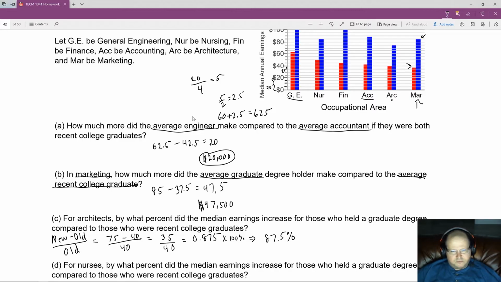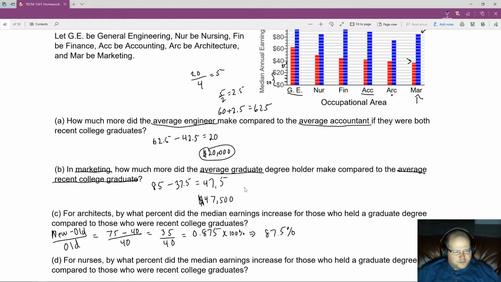So that's considerable. For nurses, by what percent did the median earnings increase for those who held a graduate degree compared to those who were recent college graduates? Okay, so again, for nurses. So now we're over here. Put a little triangle, whatever. The nurses. We're dealing with nursing now. So we want to find out by what percent did the median earnings increase.